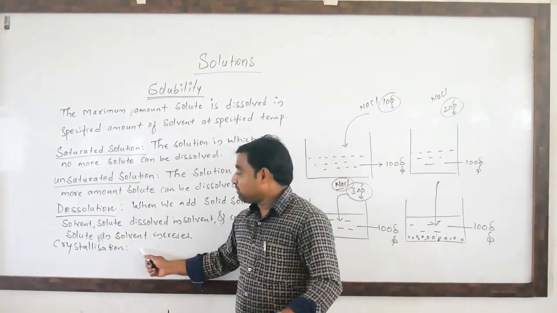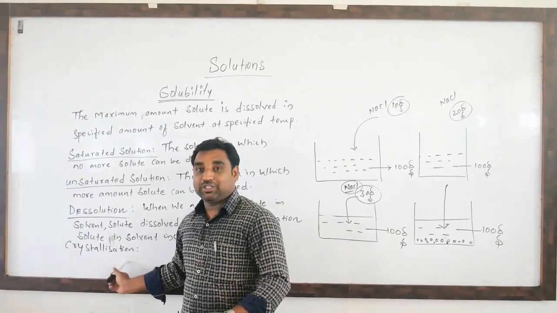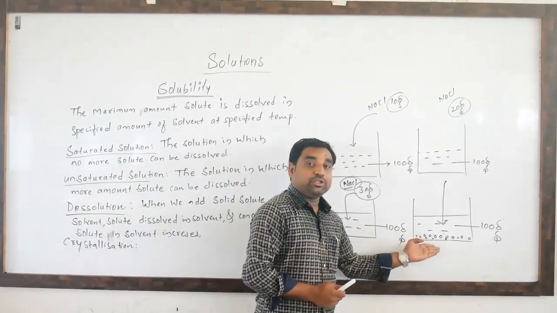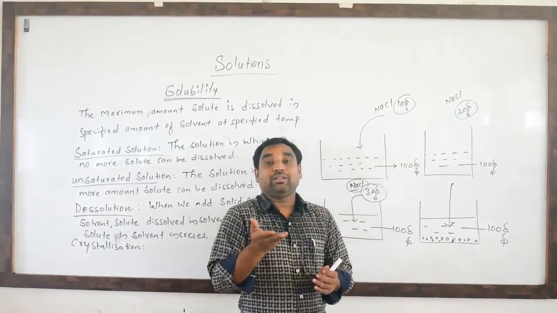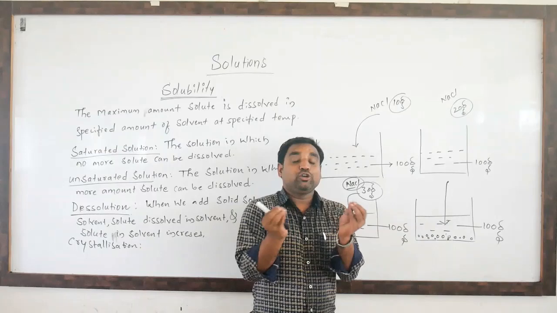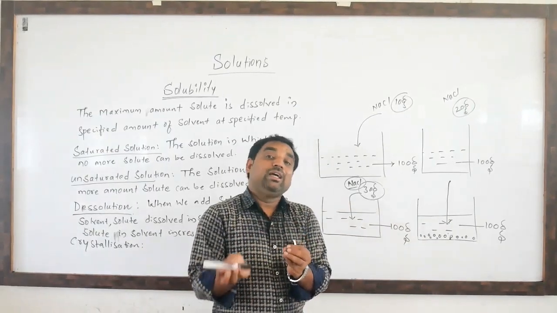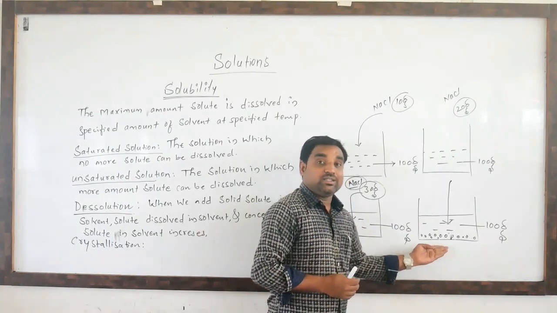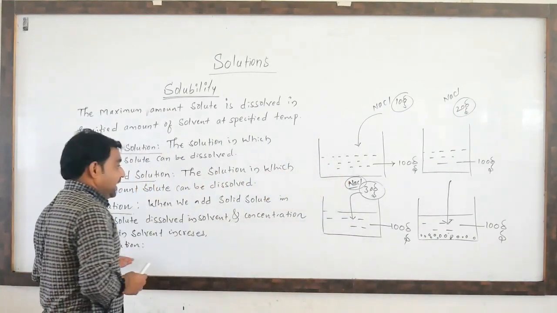That process is known as crystallization. It means when we add a solute to the saturated solution, it will be settled down at the bottom of the container as crystals, or those molecules will collide with each other and come back as a precipitate or as crystals. That process is known as crystallization.